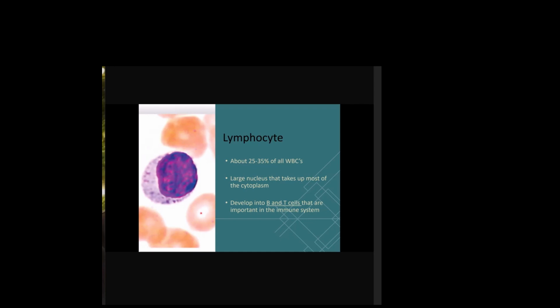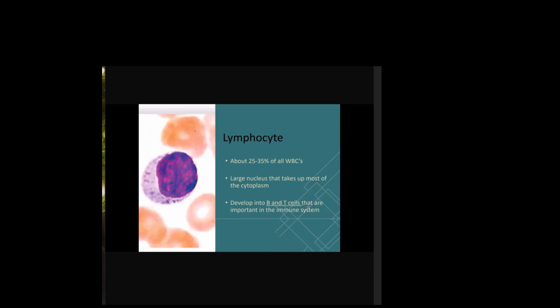Lymphocytes make up 25 to 35% of all our white blood cells. Conspicuous is that they have a large nucleus that takes up most of the space within the cell, the cytoplasm. Lymphocytes develop into two kinds. We have B and T lymphocytes.